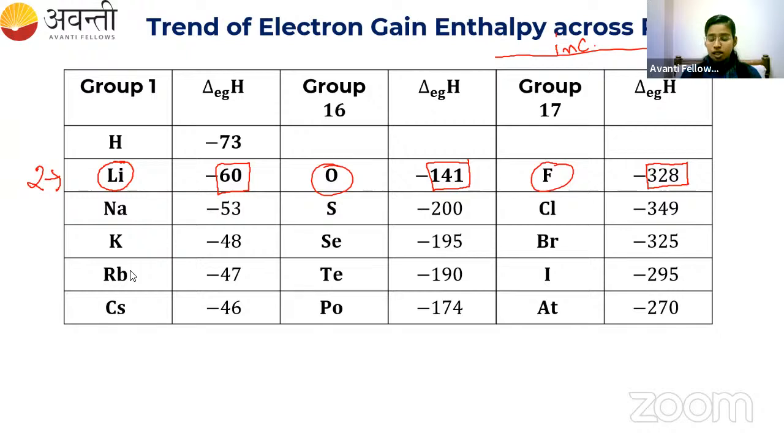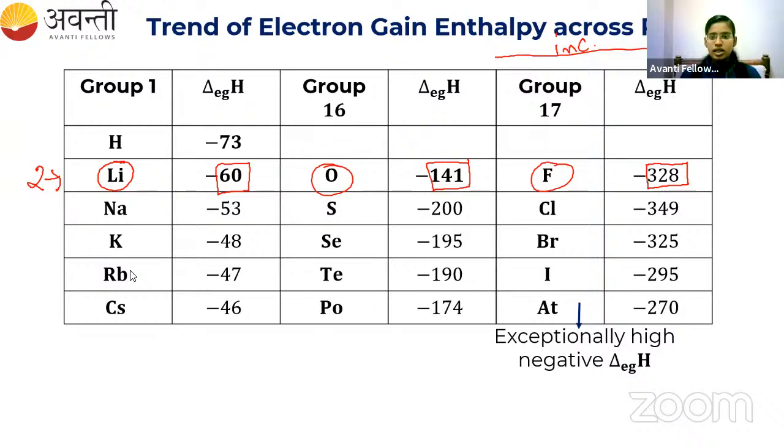If you see the group 17 elements, they have exceptionally high negative electron gain enthalpy, the highest value for electron gain enthalpy. If an atom has a more negative electron gain enthalpy, or if the electron gain enthalpy value is very high for an atom, then it means that you can easily add an electron to that species.